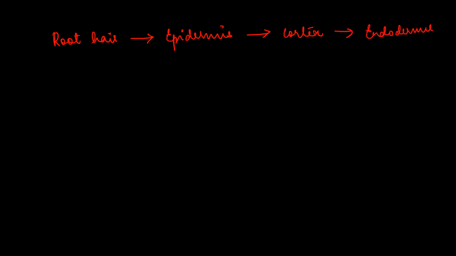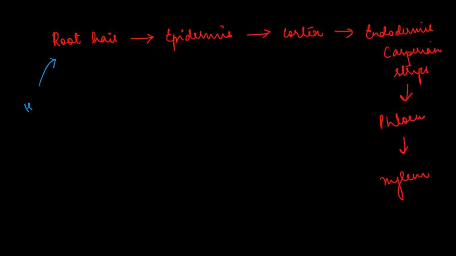In the endodermis only, there is present a Casparian strip. From endodermis, Casparian strip, it moves to your phloem, and then it moves to your xylem, right? Water gets absorbed through root hair. How does this absorption take place? This takes place through diffusion.